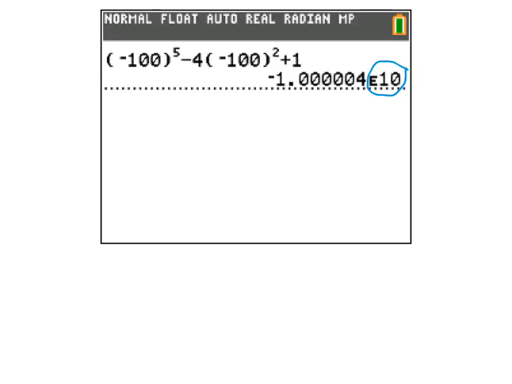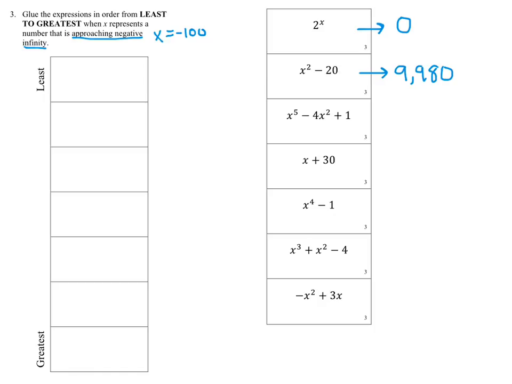When I plugged this into a better calculator than the calculators we have, I got that this is my answer: negative 10 billion 39,999.